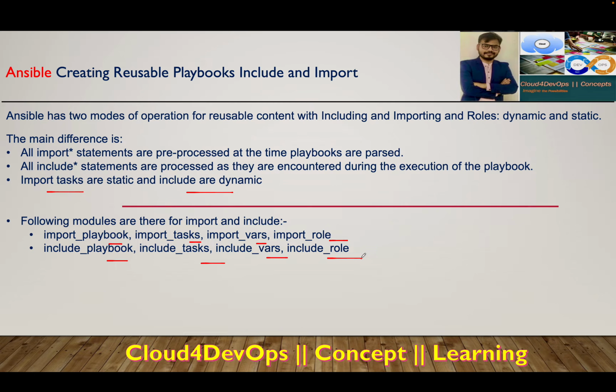If you want to go with roles, yes, I prefer roles over include and import statements, but include and import statements come in handy when you are performing certain operations. It depends on your choice, whichever you feel is beneficial and easy for you to understand. Both are easy, so go with that. Our next lecture is Ansible loops.